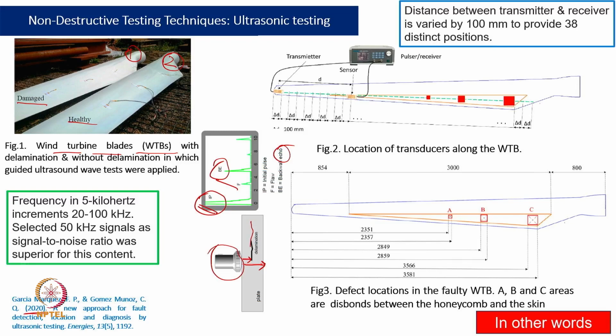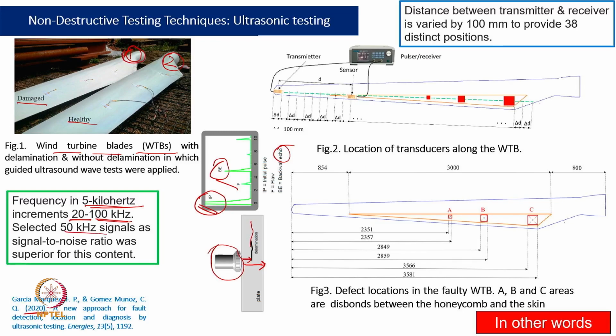Well, in this case what they have done is they first scanned through the frequency domain. They started from 20 kilohertz and went up to 100 kilohertz to see which frequency really gives better results for WTB1 and WTB2.